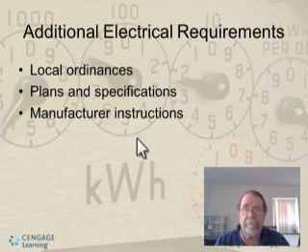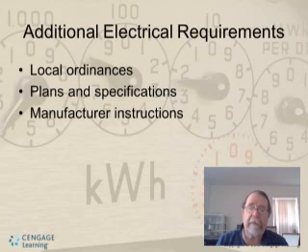And then additional electrical requirements, you'll have to deal with local ordinances, and there's plans and specifications and manufacturer's instructions. What that is talking about is you have local ordinances that may or may not override what's depicted in the NEC.